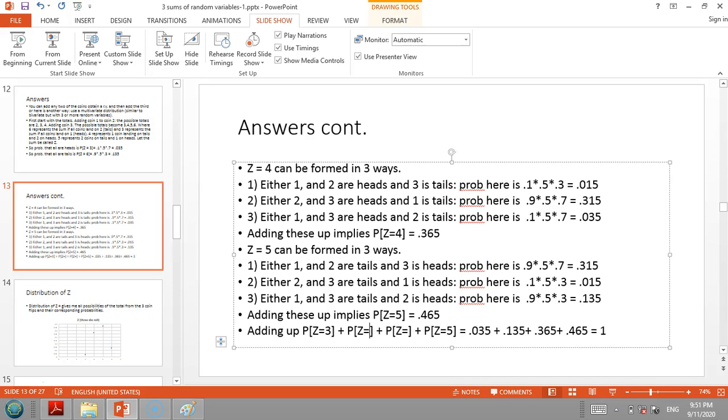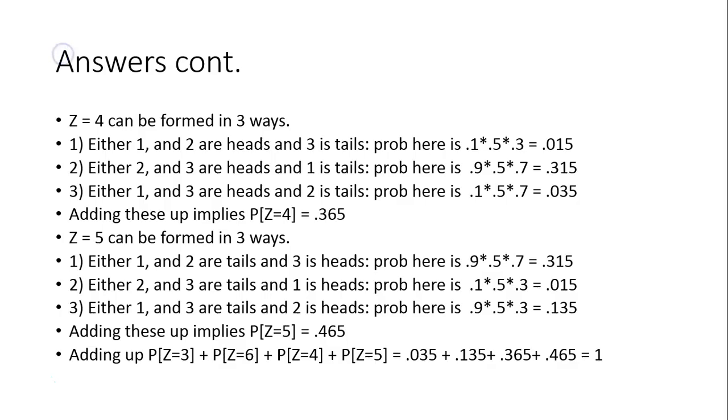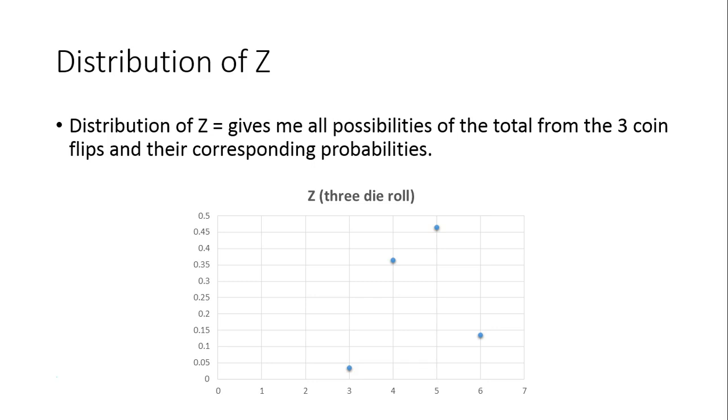The first one is 3 and 6, like this. And then it's 4, and these are the corresponding probabilities of those. And this is what the distribution is going to look like of this die roll.